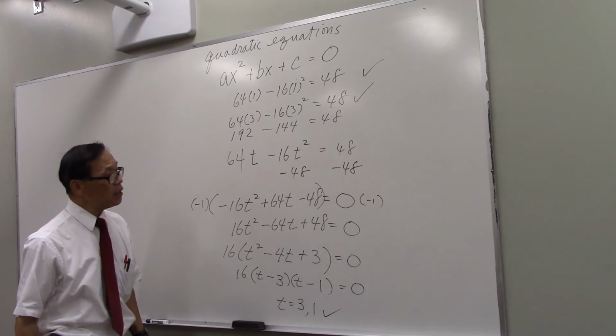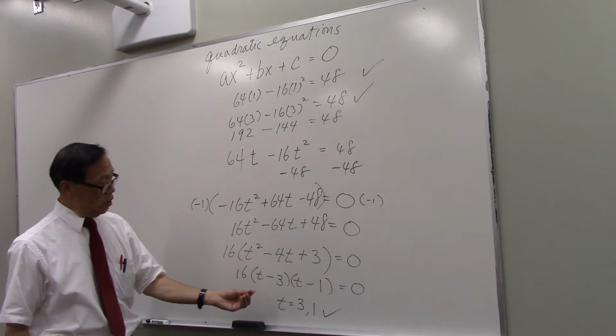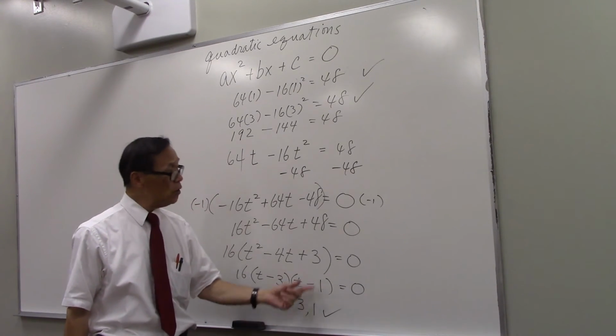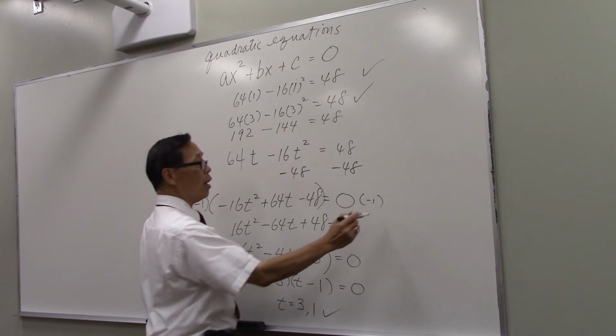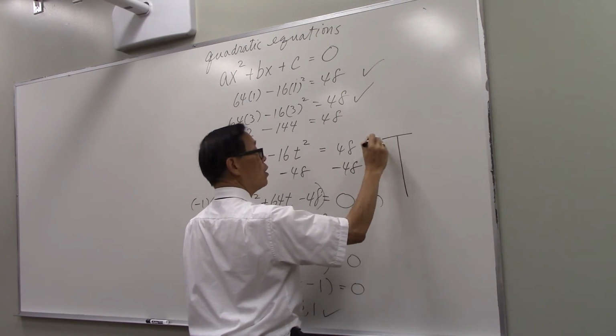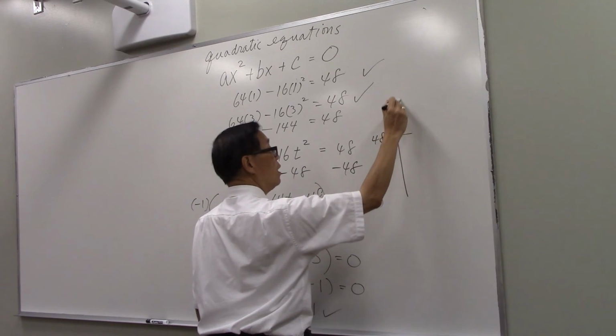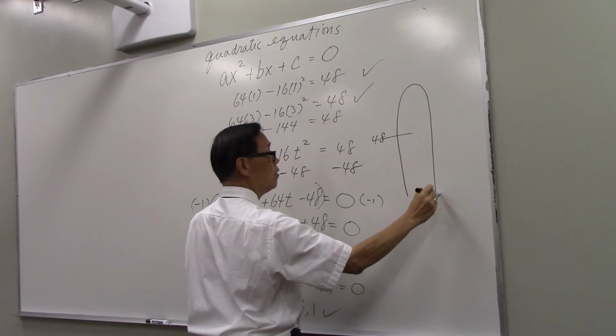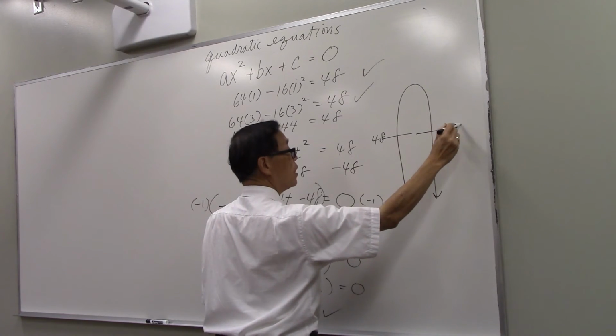So you might ask, why do you have two answers? Well, when you throw the rock up, in 1 second it's going to reach 48 feet. But then when it comes back down, it's going to reach 48 feet again.